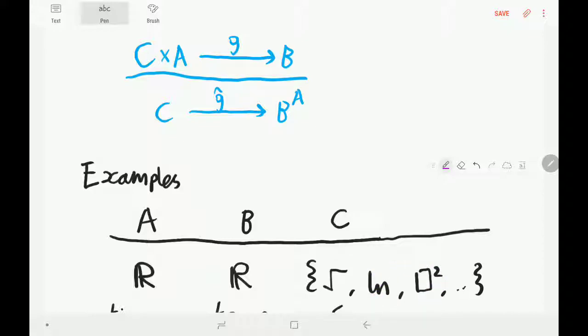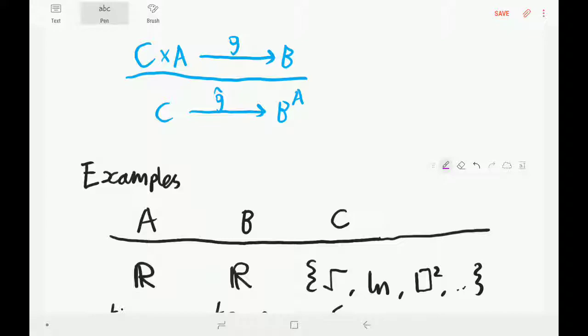Okay, so think about C as the set of such operations, say on a calculator. So C is the set of these calculator buttons that just operate on a number and output a number. And A is the set of numbers. So what's an arrow G from C times A?